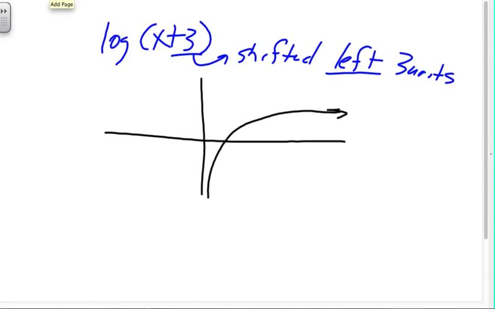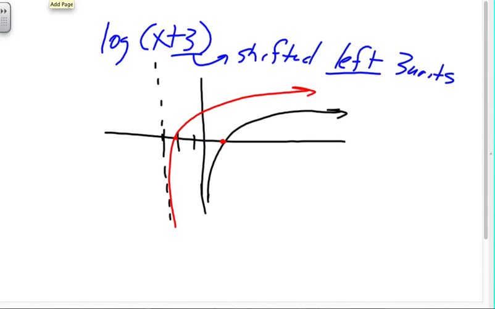And I'm just going to move everything 3 units to the left, which means that my vertical asymptote no longer is at x equals 0. It's going to be at x equals negative 3. And then this point here, which was (1, 0), I move it over, it's going to be right there. It's going to look like this.